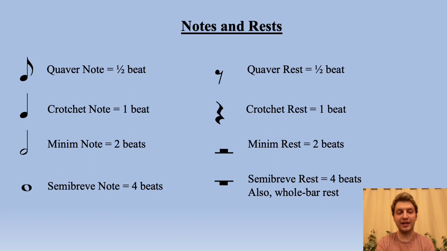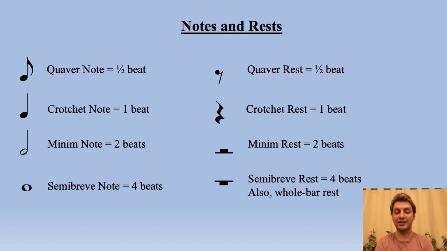So we'll see that a quaver can be identified by having the note head coloured in, the stem, and then a little thing that comes down in that shape. It's almost like half of an O, but not quite, thicker at the top. So that, like a tail, I think would be a good word for it. A quaver has a tail that comes off the stem, and it's worth half a beat.